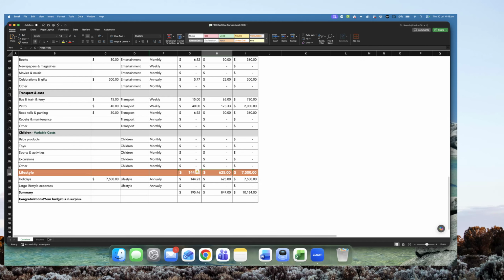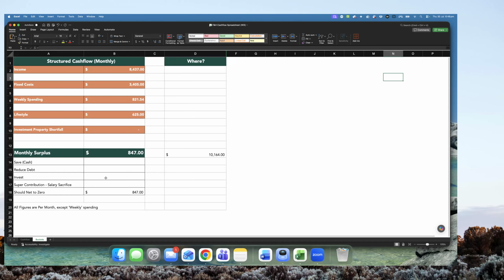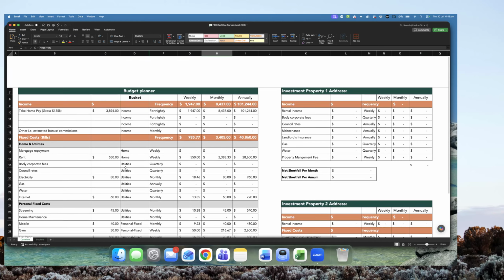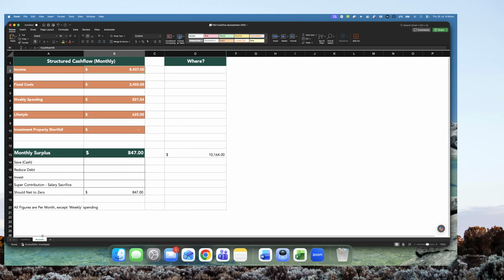Okay. For those on the call, what we've done here is we've clearly categorized the income as well as the expenses. And on the second tab that you would have received on the spreadsheet, it's going to give you a consolidated view. So this is just pulling the data from this sheet and then summarizing it for you.